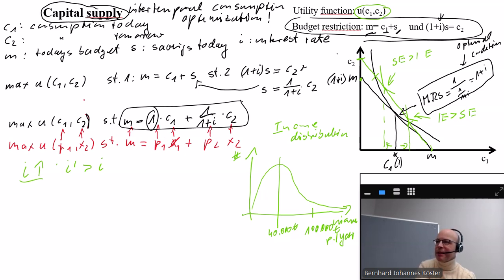So they will really react if the interest rates are increasing. Then they think, oh, now I can really shift some capital into the future. There will be something in the future.